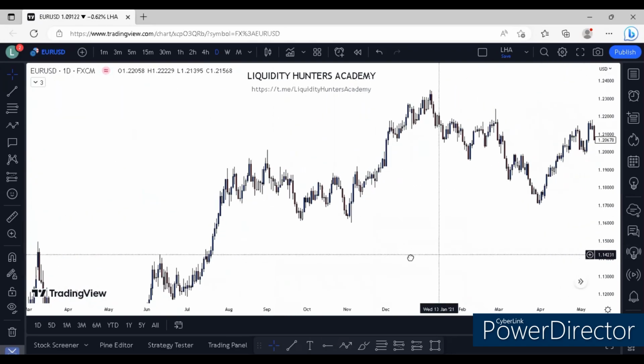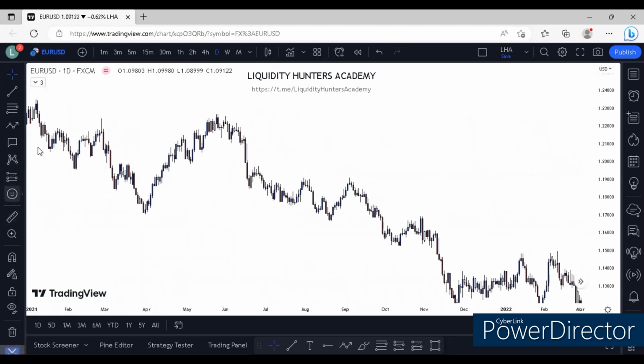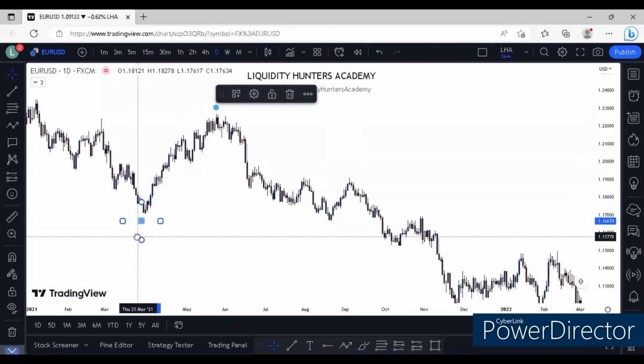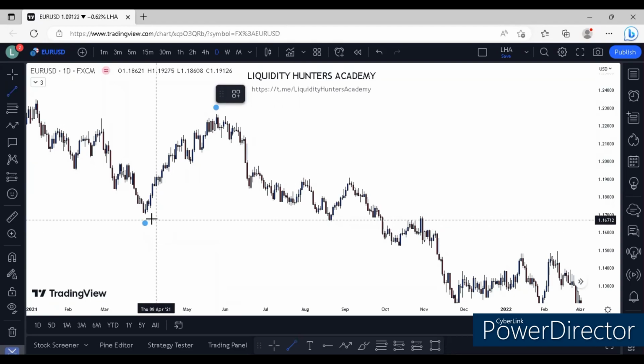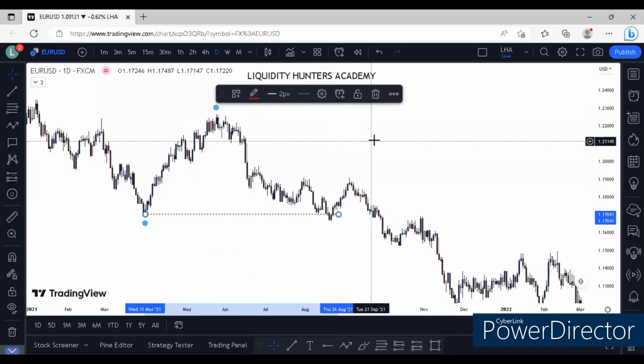So you can take any part of any chart. For example, here, what you can see is that we have this high and we had this low. Let's start from here. This low was taken out by the candle body, so here we got the break of structure.